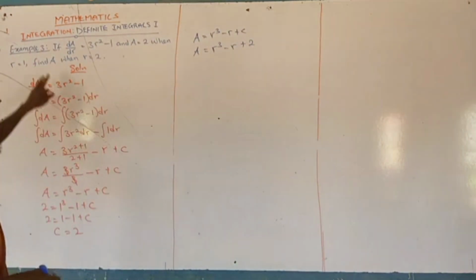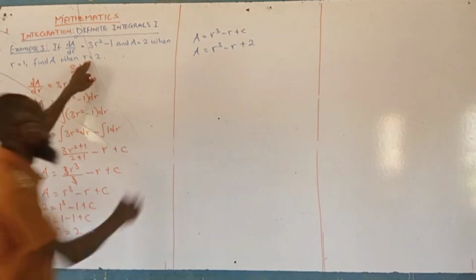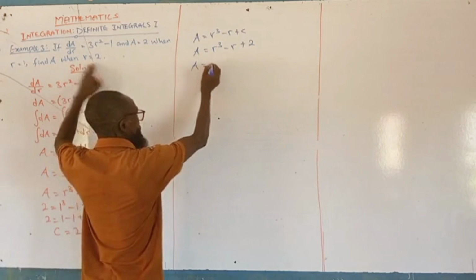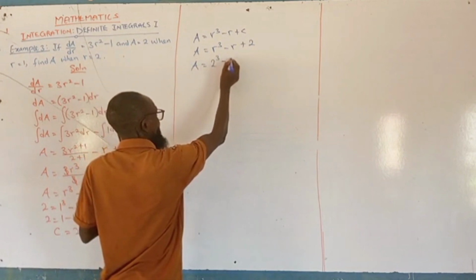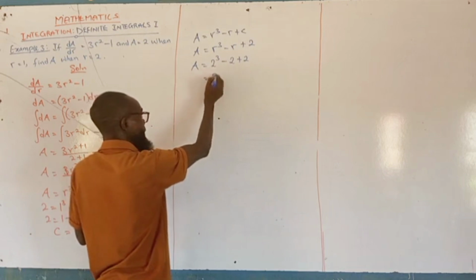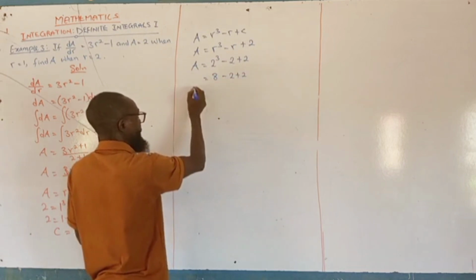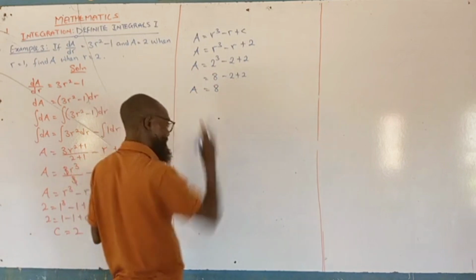Now, I can get the value of A by substituting the value of r as 2. A equals 2 raised to power 3 minus 2 plus 2. 2 in 3 places, we have 8 minus 2 plus 2. Minus 2 plus 2 is 0. Our A equals 8.